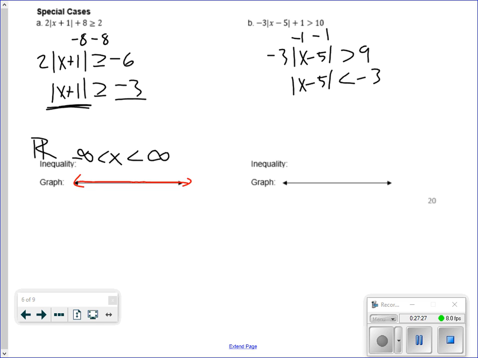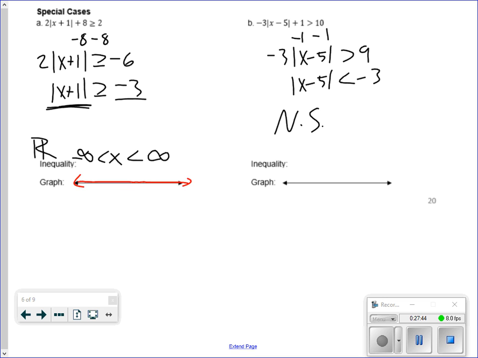When you think about it for a second, we can see that the answer here is going to be no solution, because the absolute value of any number you put in there is always going to be positive or 0.